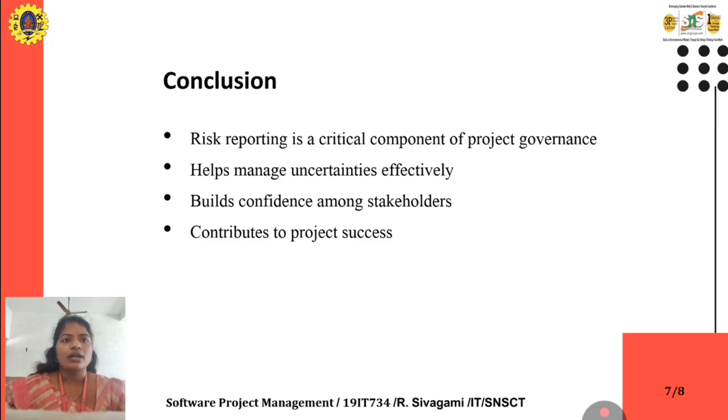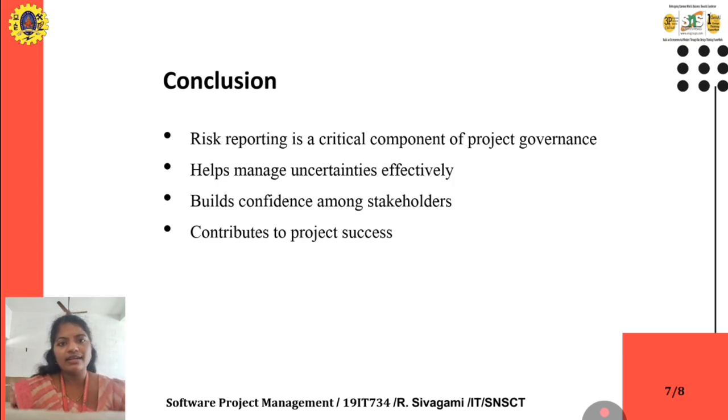Conclusion. Risk reporting is a critical concept of project governance. It helps us manage uncertainty effectively. It builds confidence among the stakeholders, because when we find a risk we take a decision, we know how to handle it.